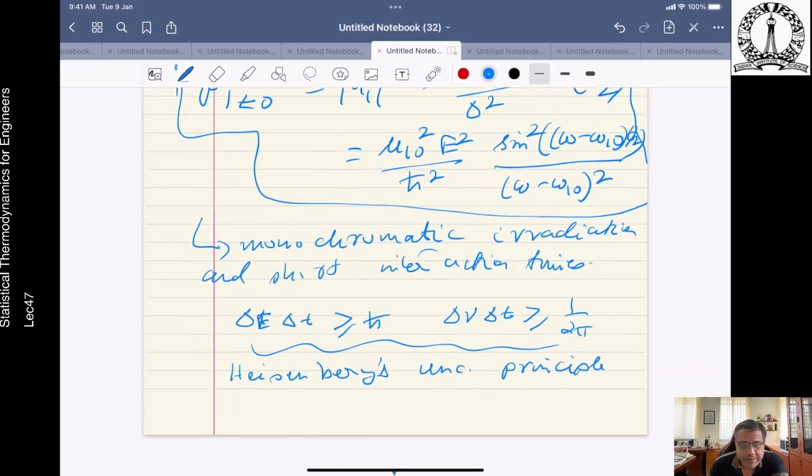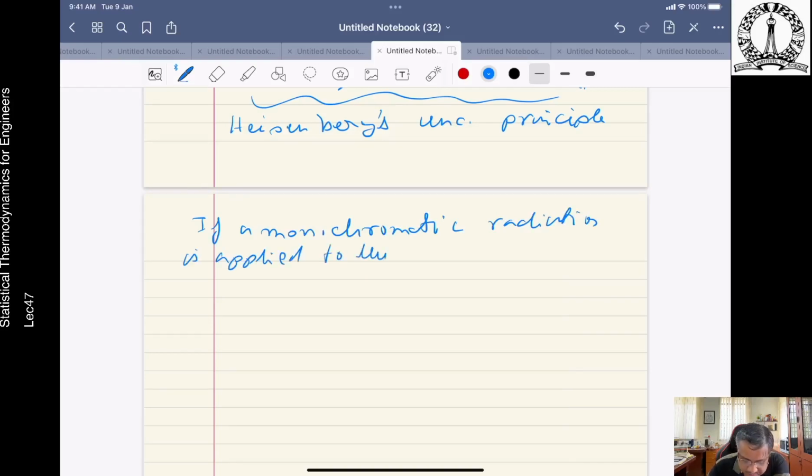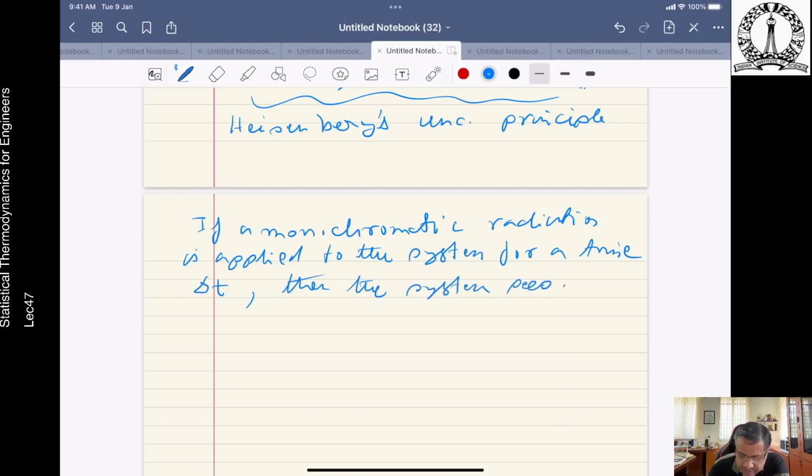So if monochromatic radiation is applied to the system for a time delta t, then the system sees the radiation of width delta v, which is equal to 1 over 2 pi delta t in the frequency space.